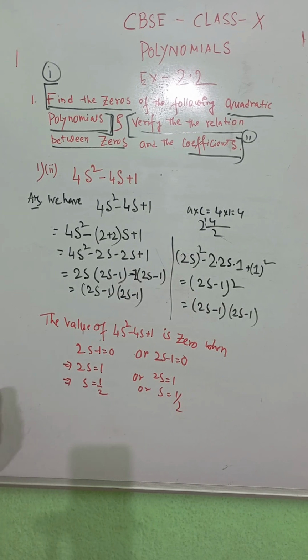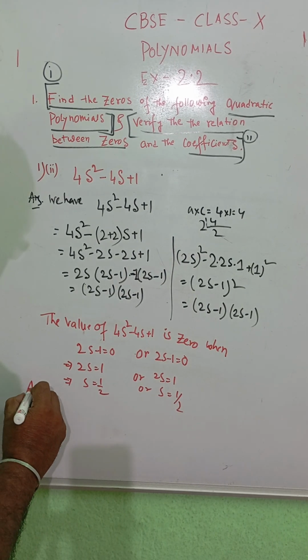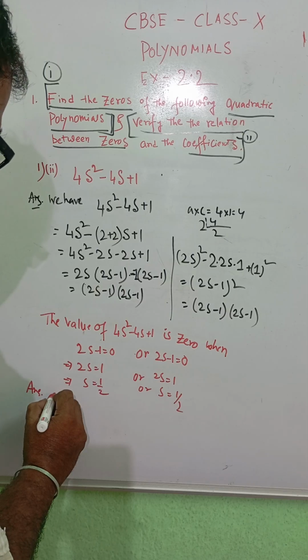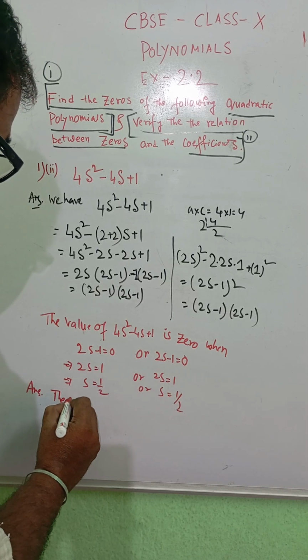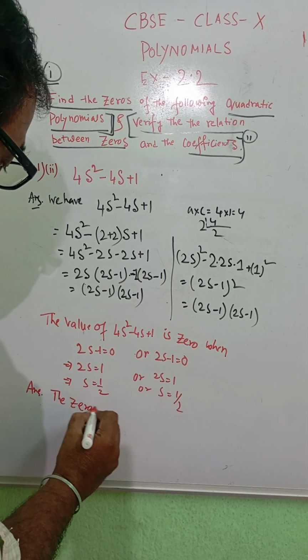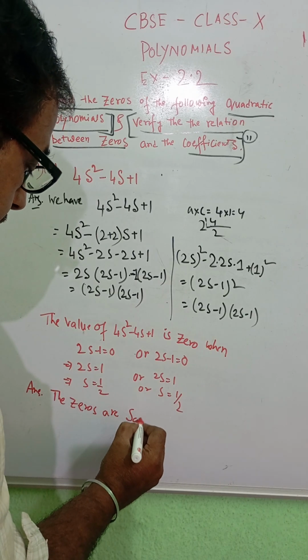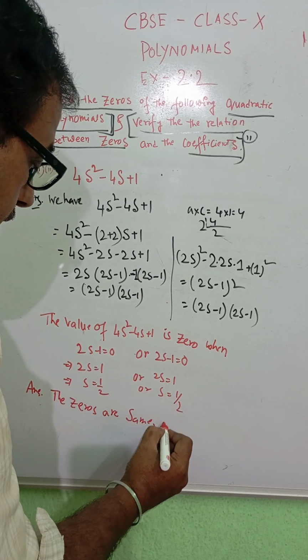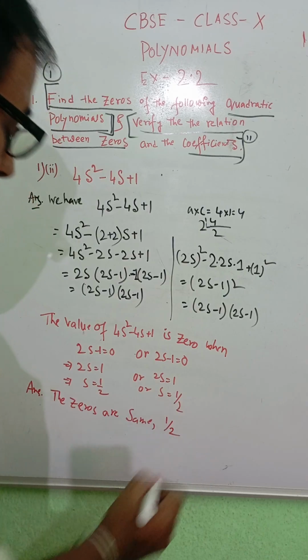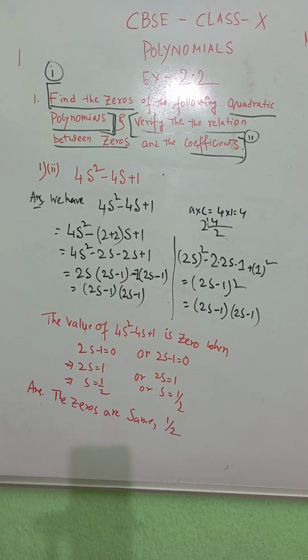So the first part is complete. The answer of the first part: the zeros are the same, half and half. This first part is complete.